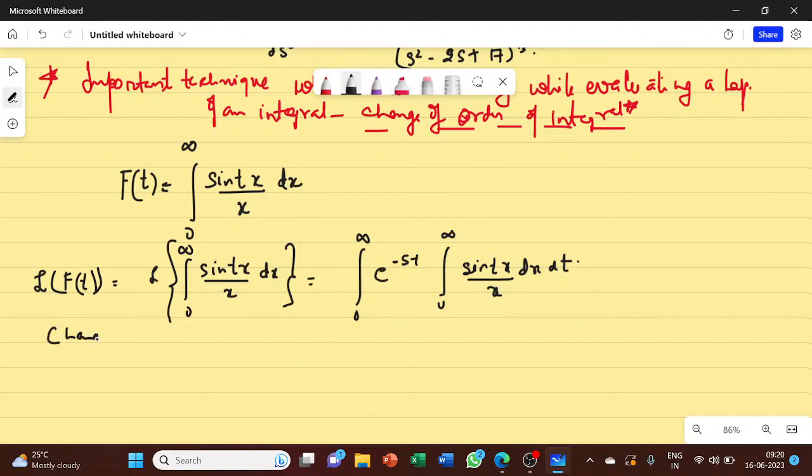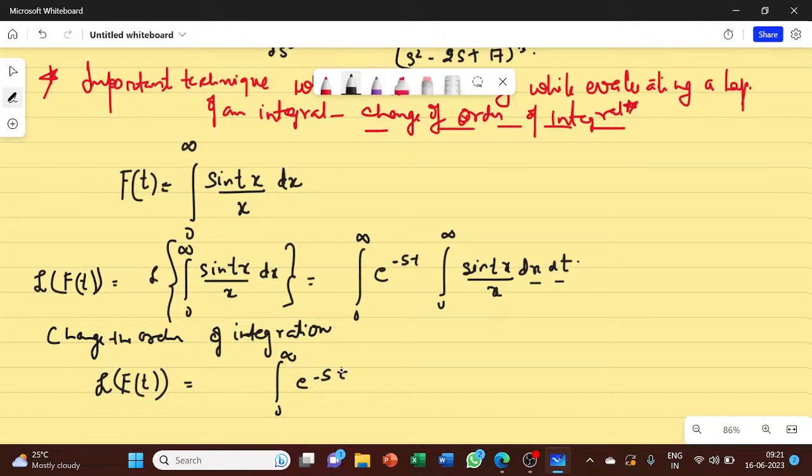Instead of integrating first with respect to x and then with respect to t, I'll integrate first with respect to t and then with respect to x. So the Laplace transform of f(t), on change of order of integration, would yield e to the power minus st, then sin tx, and then 1 upon x. I will integrate first with respect to t and then with respect to x.